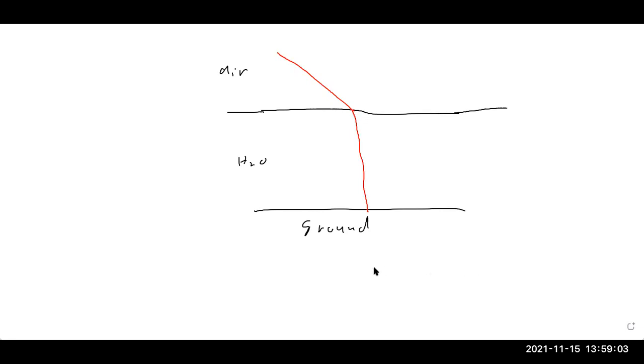is going to have the light bend closer to normal as it enters. This is an exaggerated amount of bending. Too much exaggeration, in fact. But it bends closer to normal.